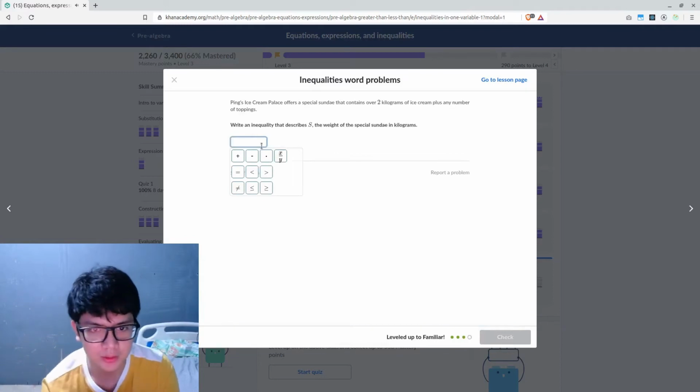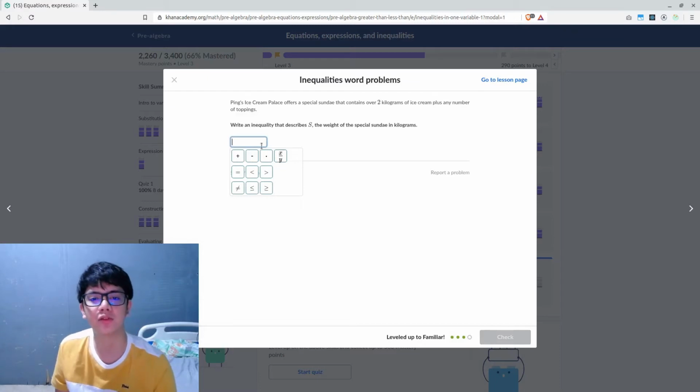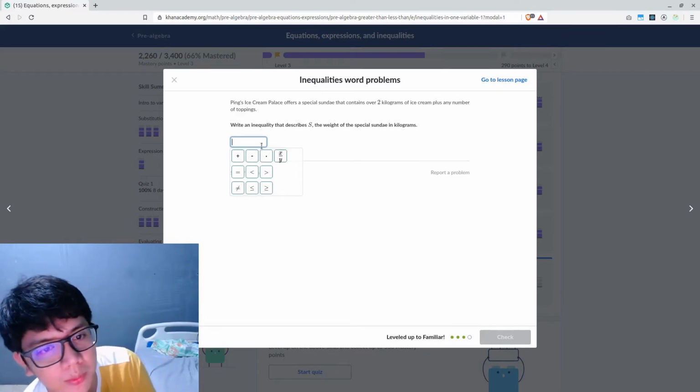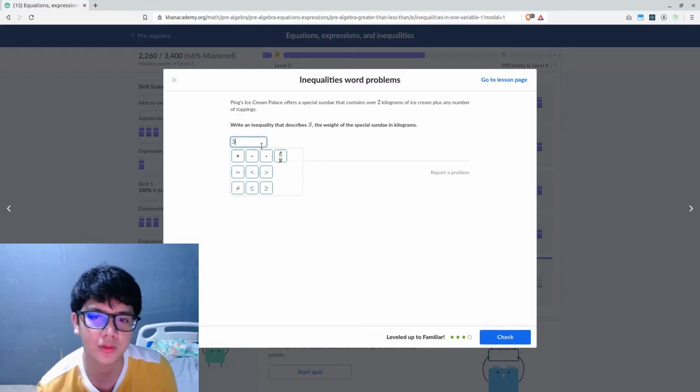Pink's Ice Cream Palace offers a special sundae that contains over 2 kilograms of ice cream plus any number of toppings.